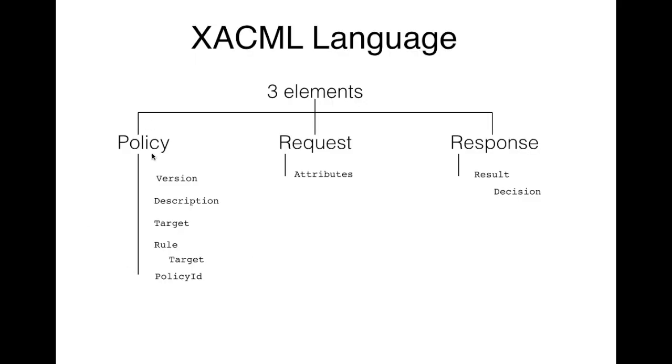So which parts does the policy have? It has many, but the most important ones I have seen are the policy ID and the version, which are not very important, and the description, which is just a comment about what this policy does. Then the target, which shows who this policy is directed to, and then a rule.